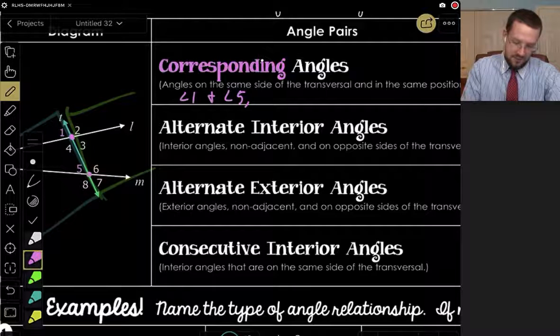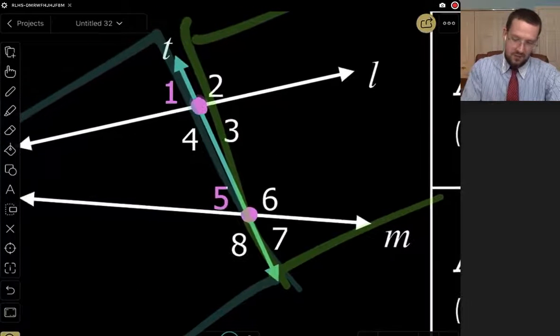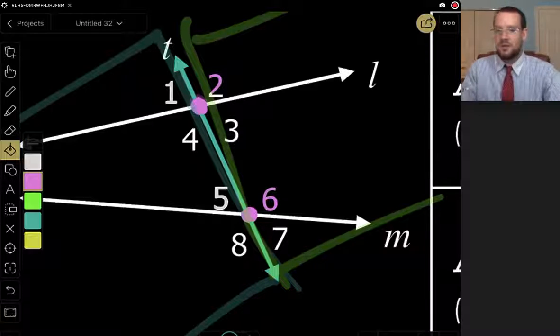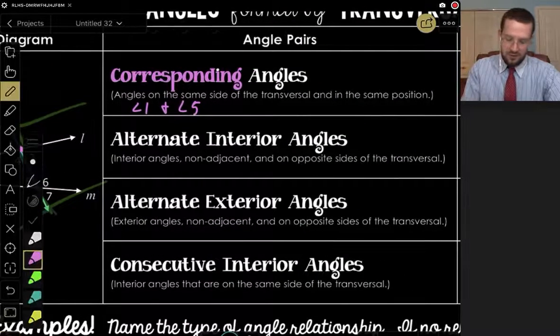We also have angles 2 and 6, similar to angles 1 and 5 but on the other side of the transversal. These would also be corresponding angles, angle 2 and angle 6.